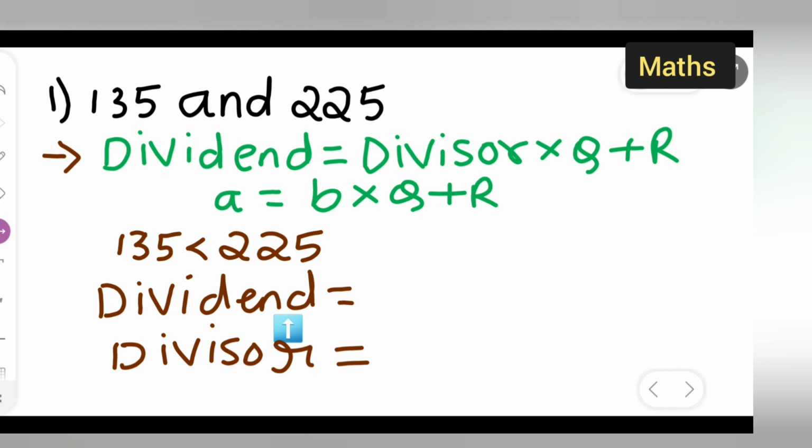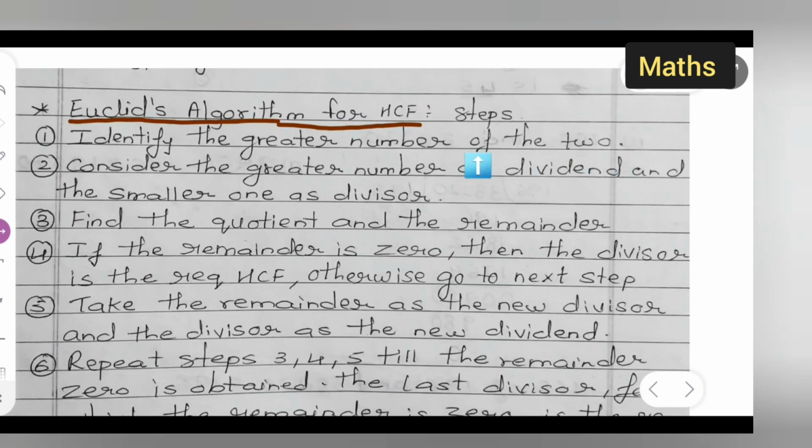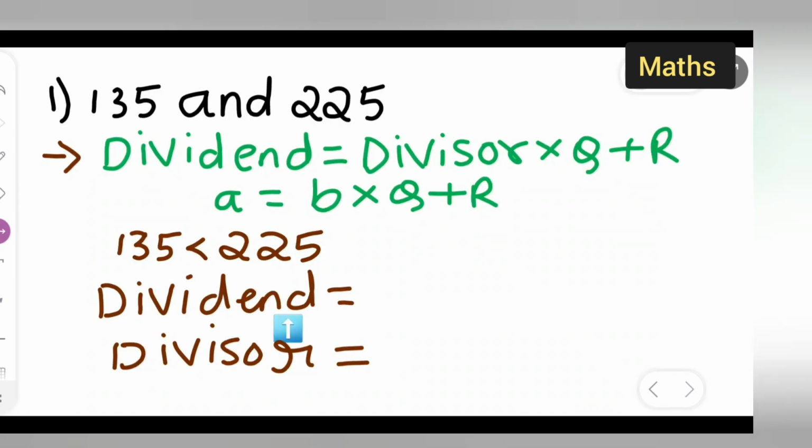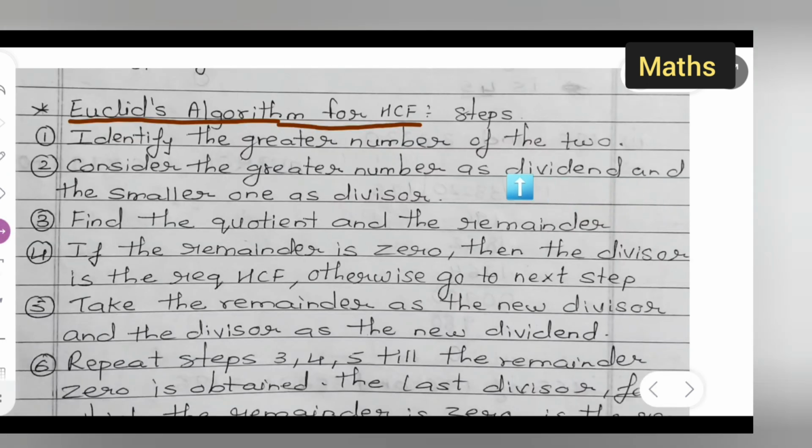Now the second rule is what? Consider the greater number as the dividend. So 225 is your dividend. Now comes the continuation: the smaller one is the divisor.